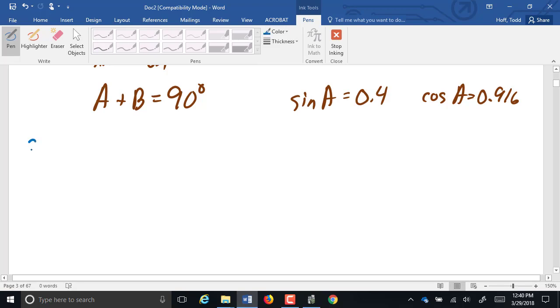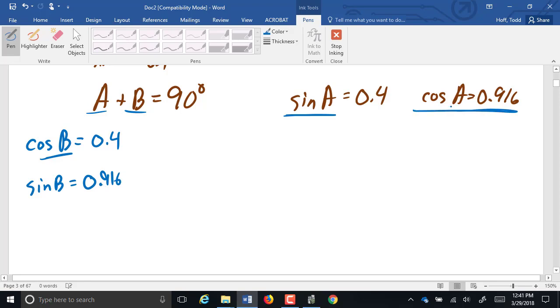What if I ask you for the cosine of angle B? What's it going to be? 0.4, yeah. If A and B add up to 90, the cosine of B equals the sine of A. How about the sine of B? 0.916, yeah. The sine of B equals the cosine of A.